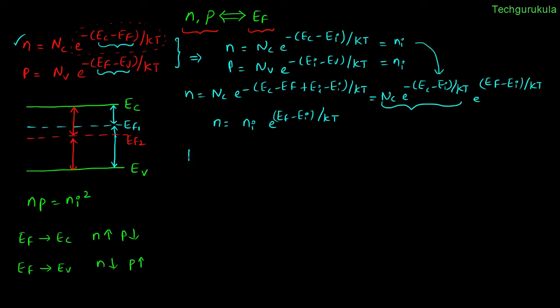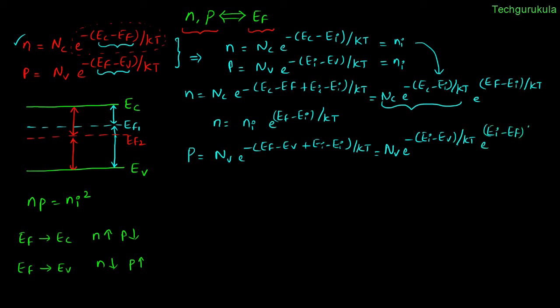Now similarly, for the hole concentration in the valence band, we can write it as Nv times e power minus of (Ef minus Ev). We can add Ei and subtract Ei over kT. And we can write this as Nv times e power minus of (Ei minus Ev) over kT times e power (Ei minus Ef) over kT.